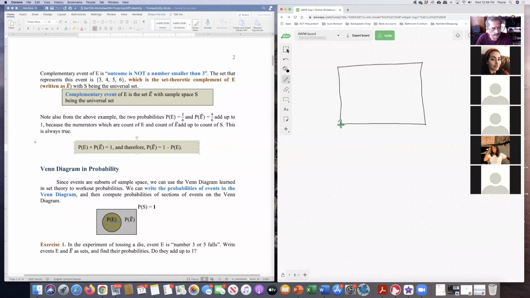Let me use some numbers just to make it clear. So let's say there are 100 elements in the sample space, and there are 40 elements in this event. That's event A. Then there are obviously 60 elements on the outside. So what is the probability of A? Anybody?